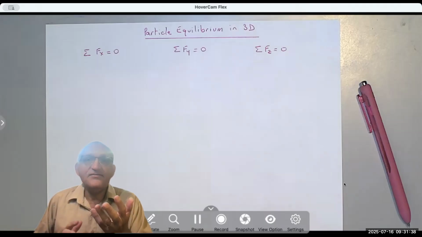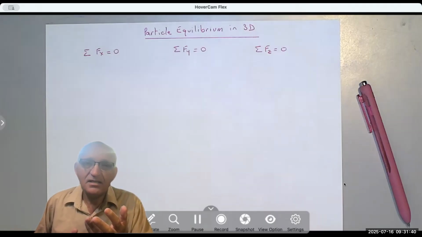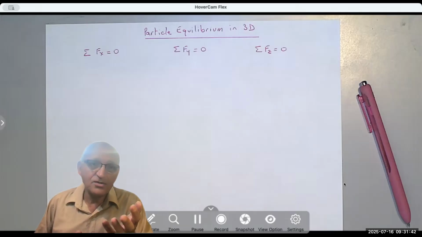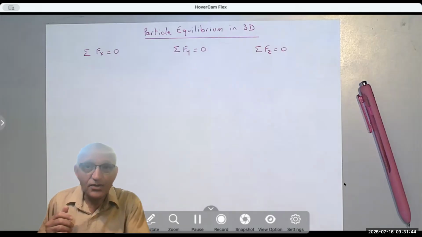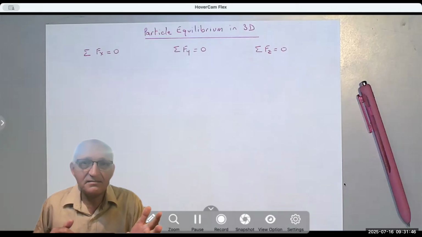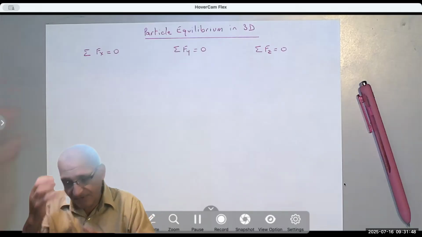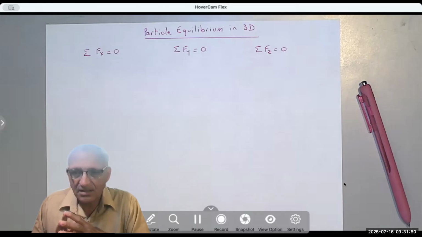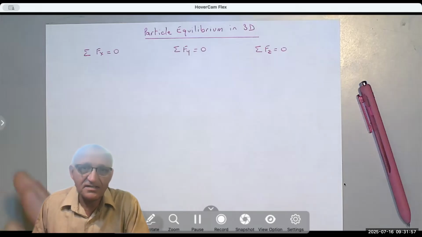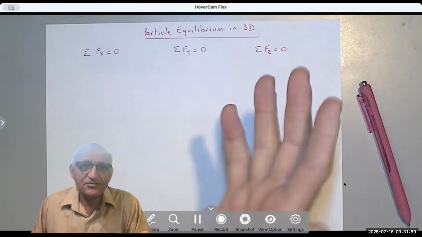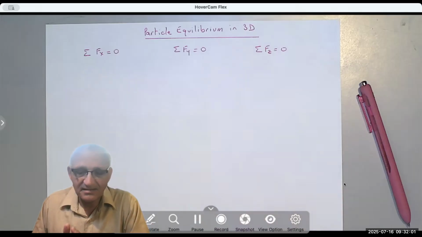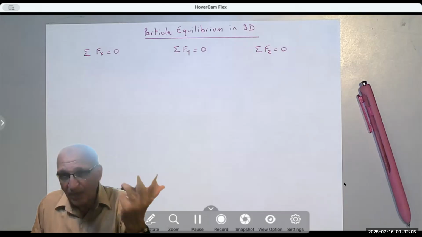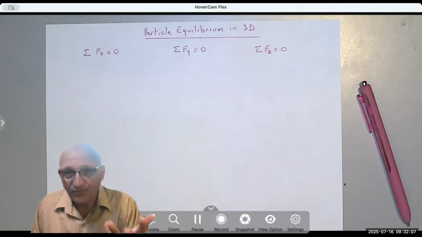Or I can give you the elevation or the polar angle, the azimuthal angle, and then just the radius, so to speak, R or rho, depending on the nomenclature. Or I can give you theta x, theta y, theta z, and that will give you right there the unit vector. So we have three ways to give you the force.